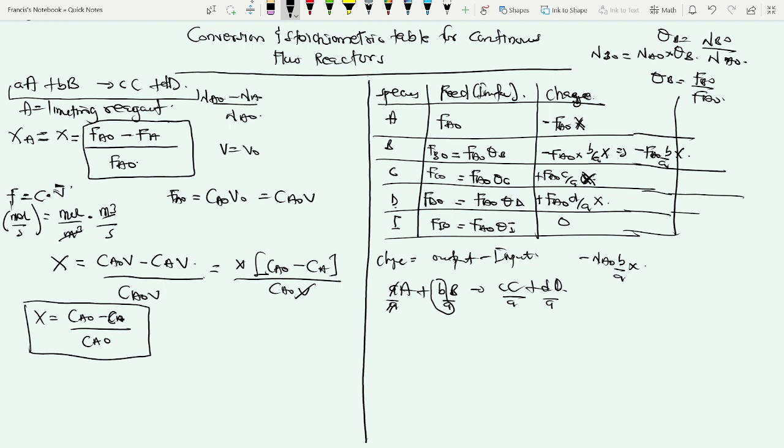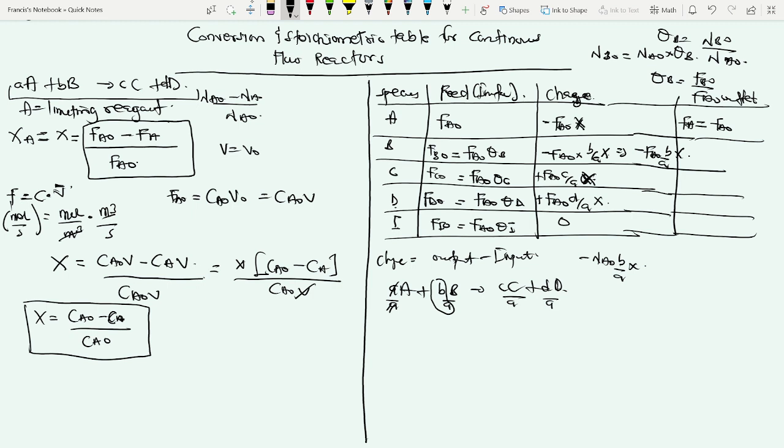And then for the last part, we want the outlet, or the reactor effluent, so the one coming out. So FA naught will now give us FA, because what is coming out is FA.